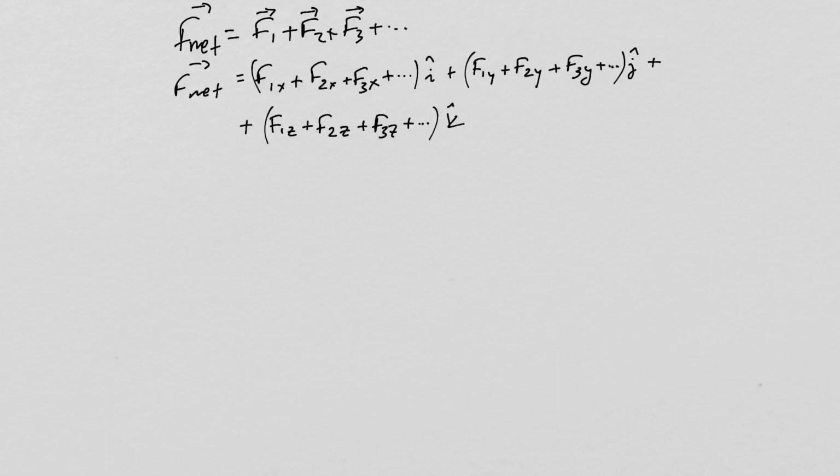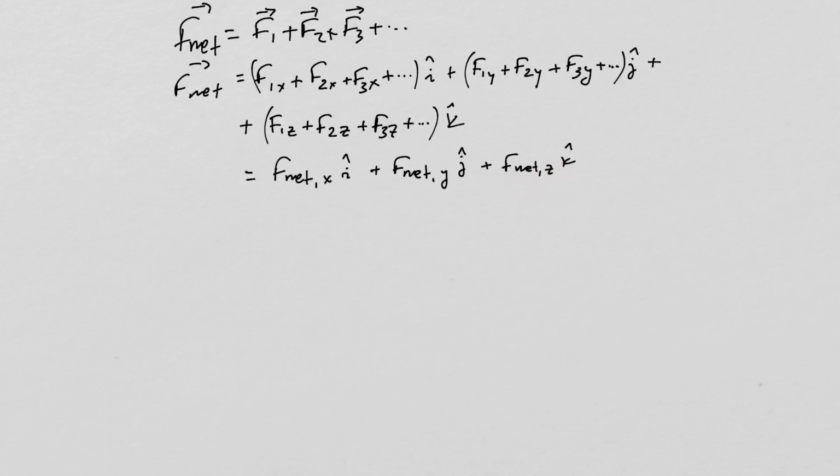So now I can just rename the sums in front of each unit vector as just the x, y, and z components of the net force. So I have F net x i hat plus F net y j hat plus F net z k hat.